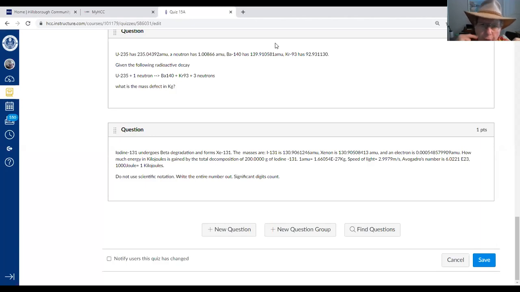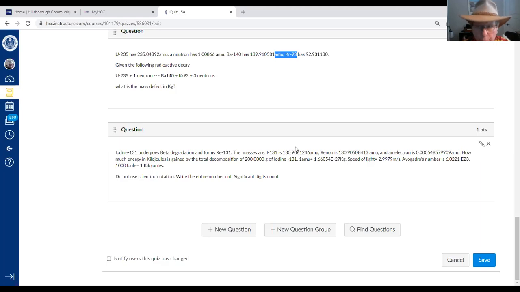So what you're doing is you're taking 130.9061246 and subtracting the products from that, which is 130.905084113. And you also have to subtract the mass of the electron, because this is a case where the mass of the electron does matter. That's called the mass defect.